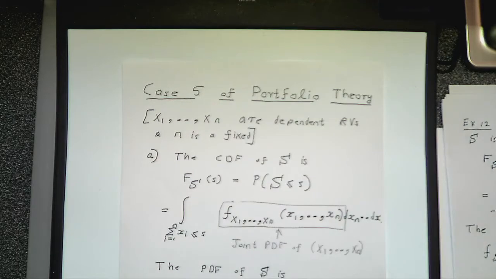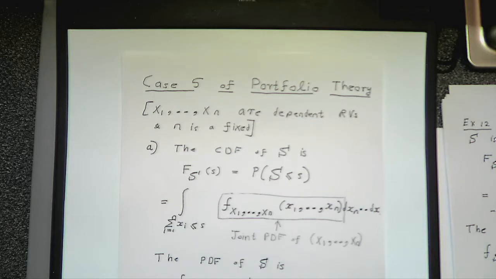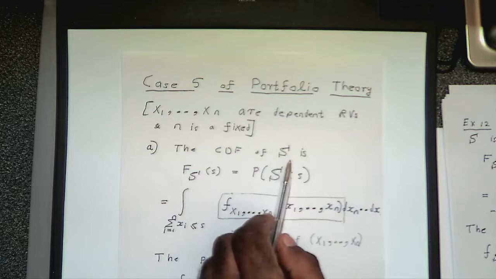Now, you may recall from last week that case 5 of portfolio theory is where the losses of the investments are dependent random variables, and the number of investments is fixed, right? You remember that, right? So in this case, remember, S is the total portfolio loss.